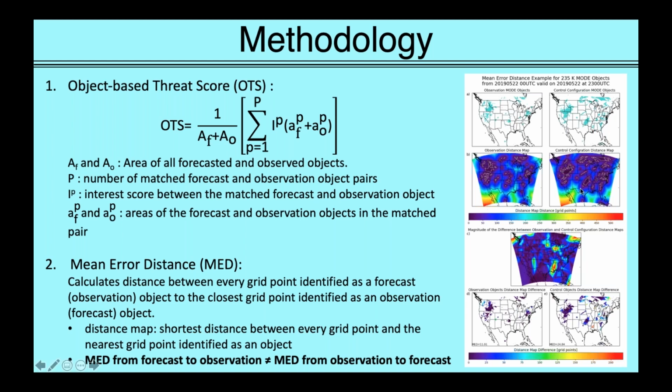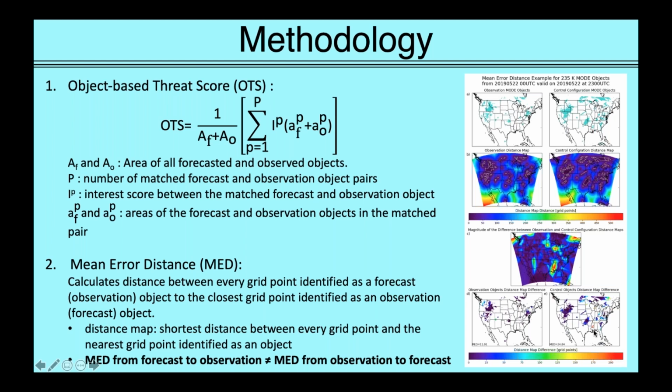And here I did the same thing with the control configuration, from the control grid point to a control object. And then you take the difference. Here we see the difference between the two, the observation and control configuration distance maps. And then finally, we just take the difference and only do it where there are objects. Now you can see our objects that were teal up here are now color coded by distance.